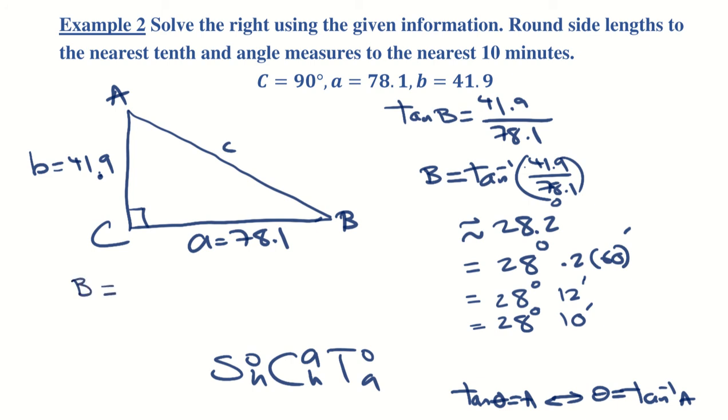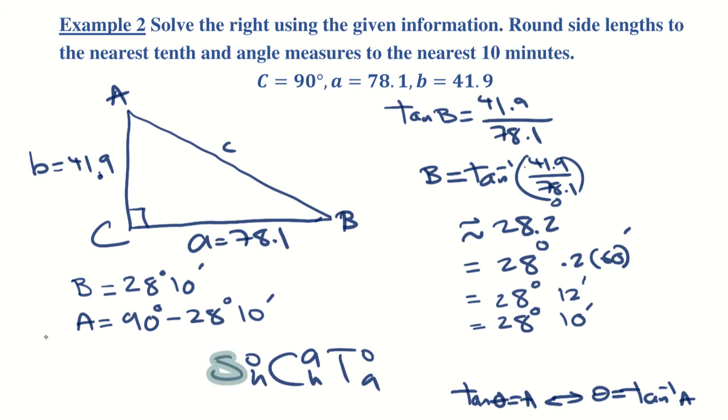We have B equals 28 degrees 10 minutes. So as we know, A is just going to be 90 degrees minus that. Remember, the two acute angles of any right triangle are complementary. They add up to 90, right?